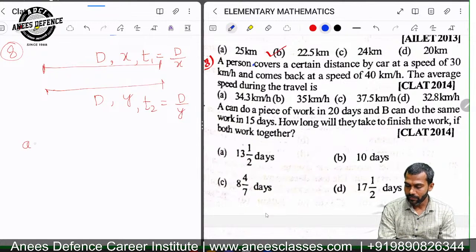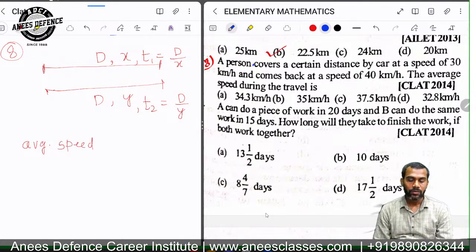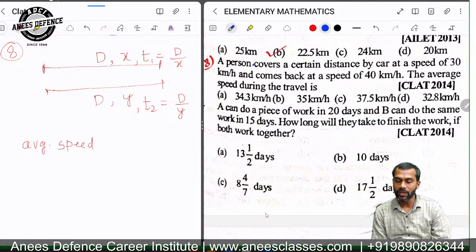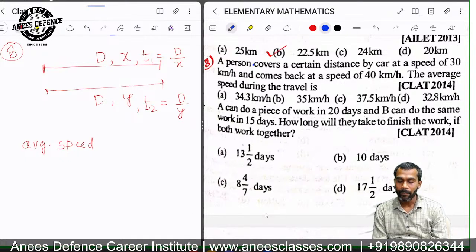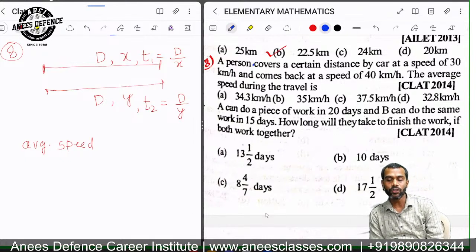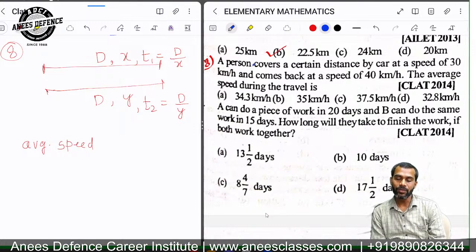So average speed, Purva, are you getting or not? Suppose one has covered d distance at the speed of x, so the time taken would be d upon x, which is distance upon speed, and the same distance was covered by the same person with the speed y kilometers per hour.